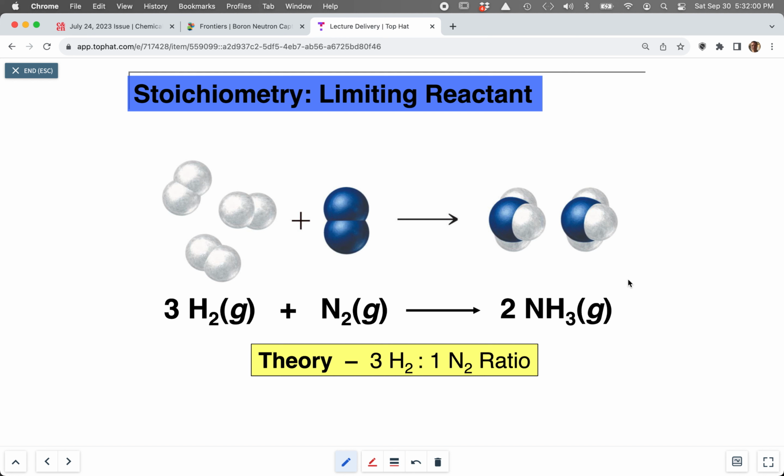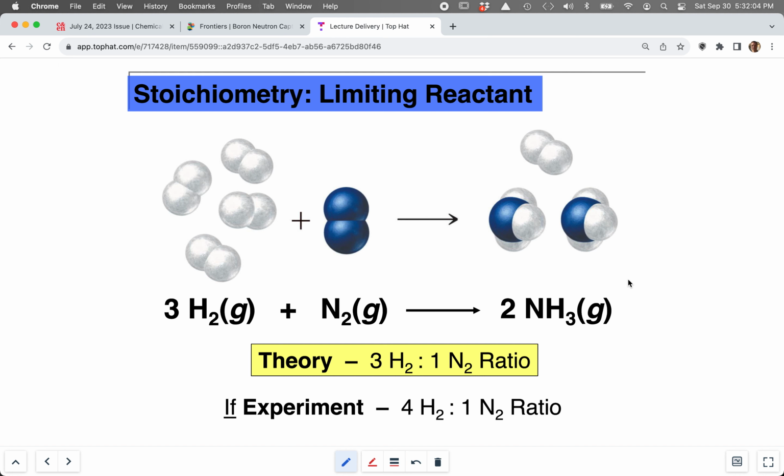Now let's imagine an experiment where we have extra hydrogen. So our ratio in our experiment is a 4 to 1 hydrogen to nitrogen ratio. Just by looking at the pictures, we can see what's going to happen is that the nitrogen here and 3 molecules of hydrogen are going to be consumed.